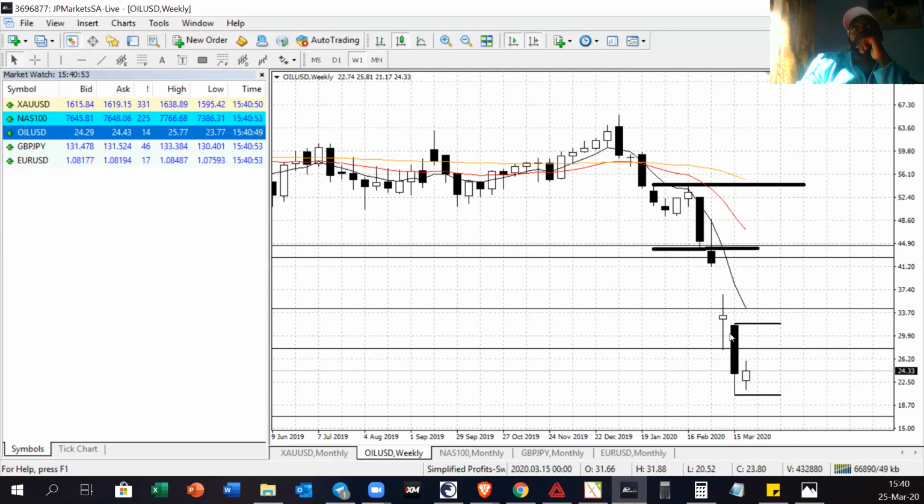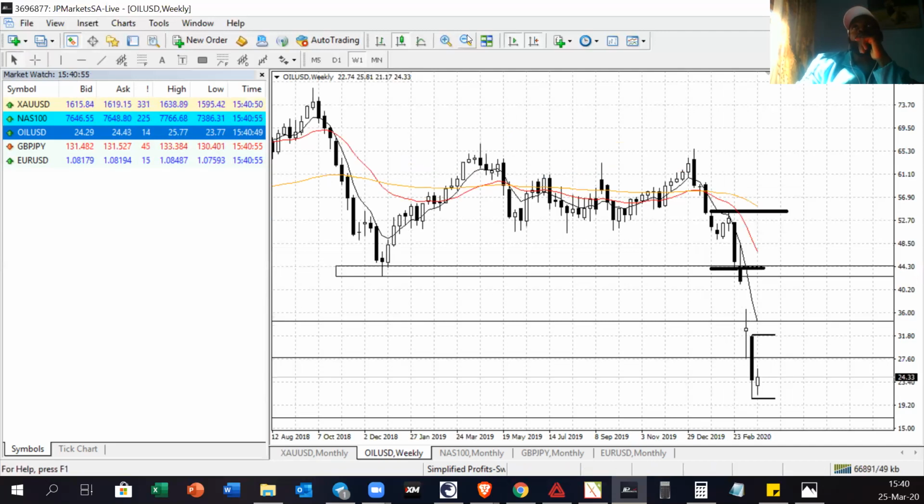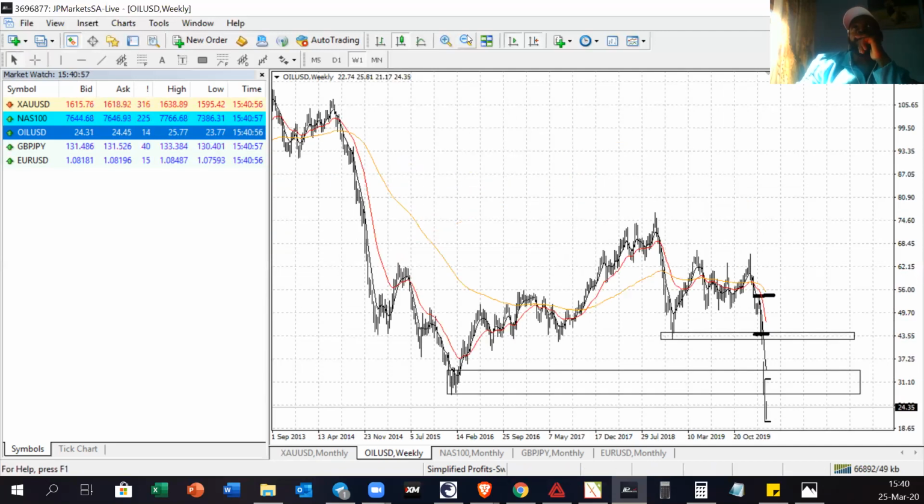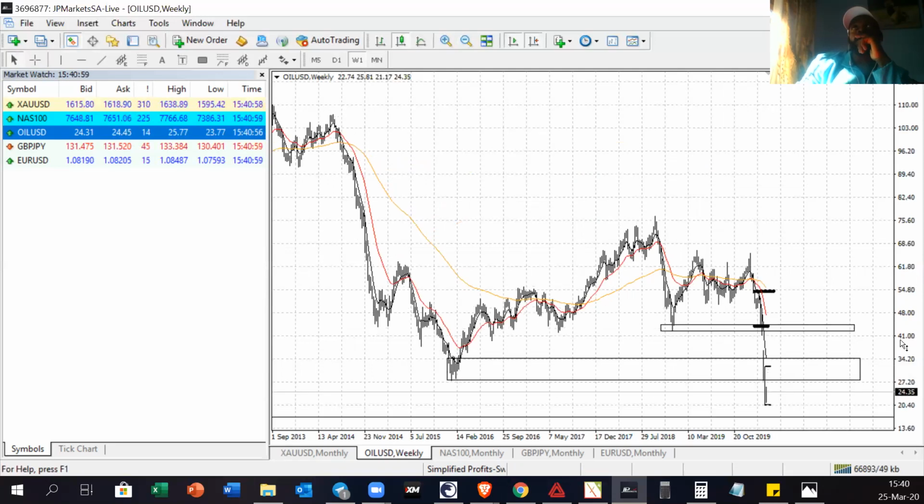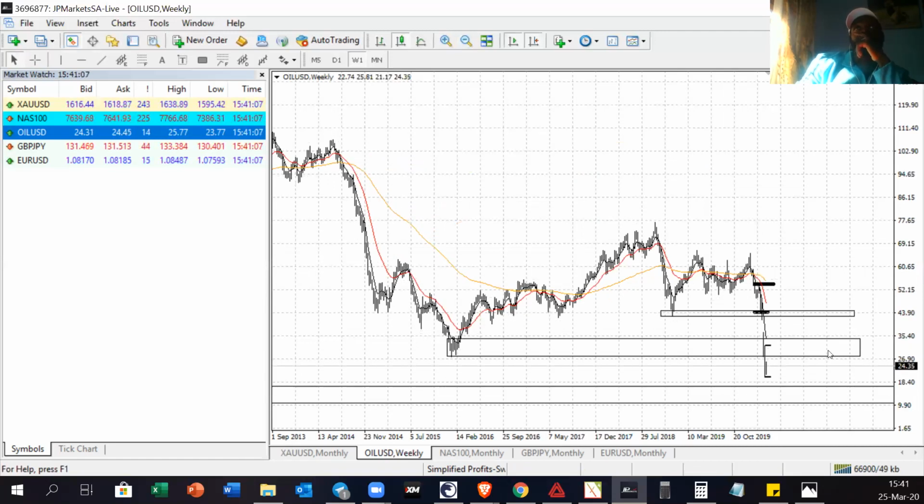This is on a weekly basis. And we've got that identified. So what the interesting thing is here is that this market has moved down significantly, 50% of the price, within about 2 weeks.